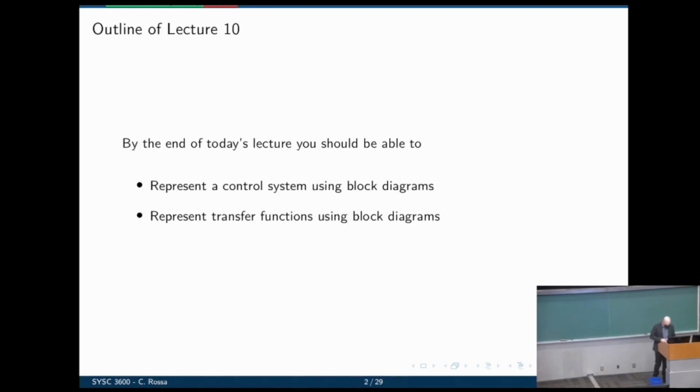And one easy way to see this is later to implement these differential equations into Simulink using this block representation rather than the transfer functions in MATLAB. So the idea for today's lecture is to represent any equations or any control system or any system in general using block diagrams, and also represent transfer functions using block diagrams.